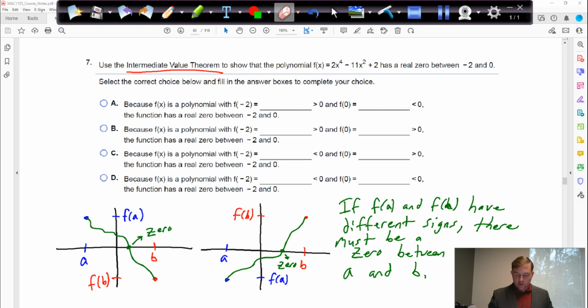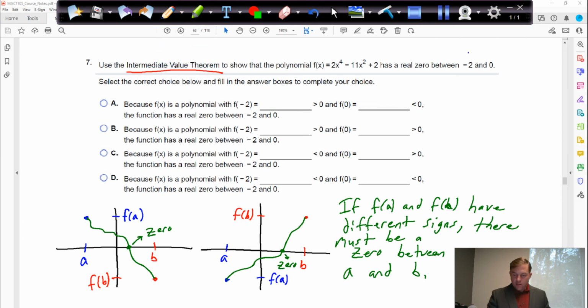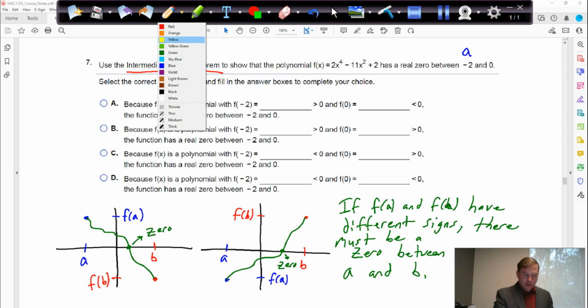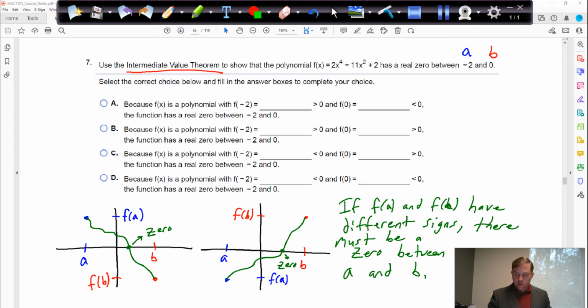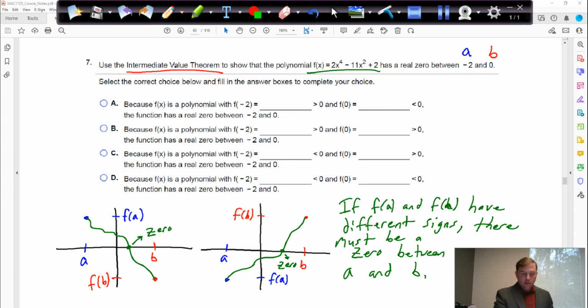Okay, so let's take a look at this problem. In this problem, they give you A is -2 and B is 0. So we just have to plug those into this polynomial right here. So let's plug in f of A. f of A would equal f of -2. That equals, anywhere I see an x, I replace it with -2.